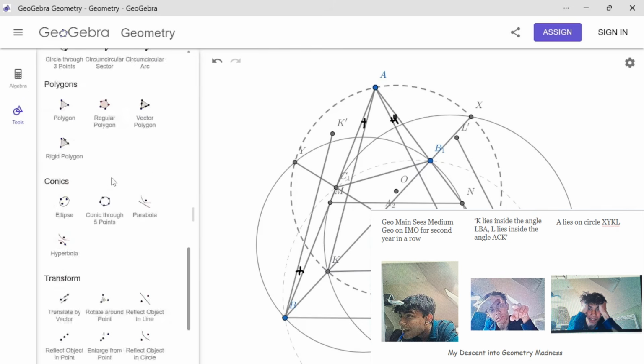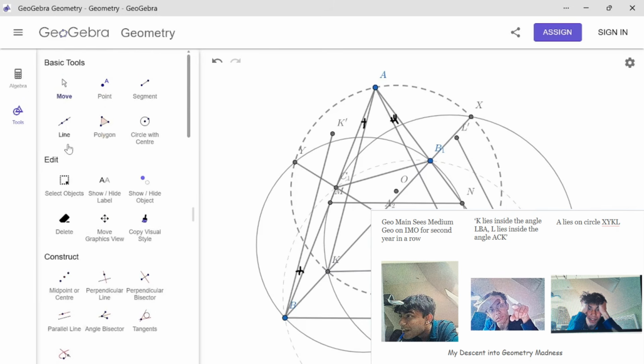Is C, O, K prime one line? No. I feel like I'm quite close. Okay, let's assume it's on the circle and try to finish the problem. If it's on the circle, can we finish the problem? That's a good question to ask.